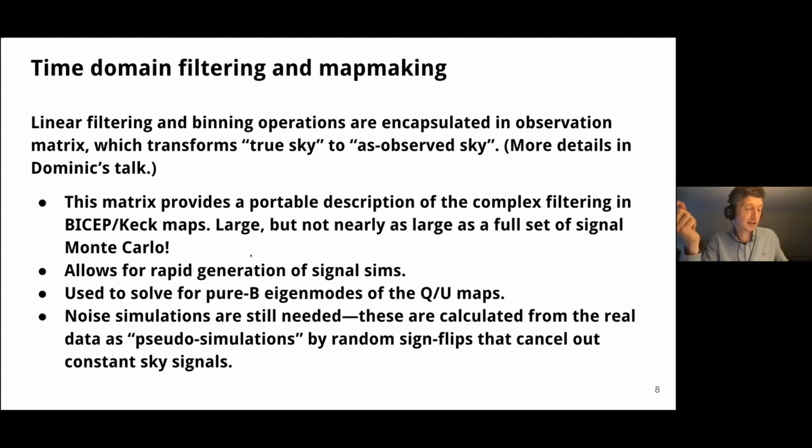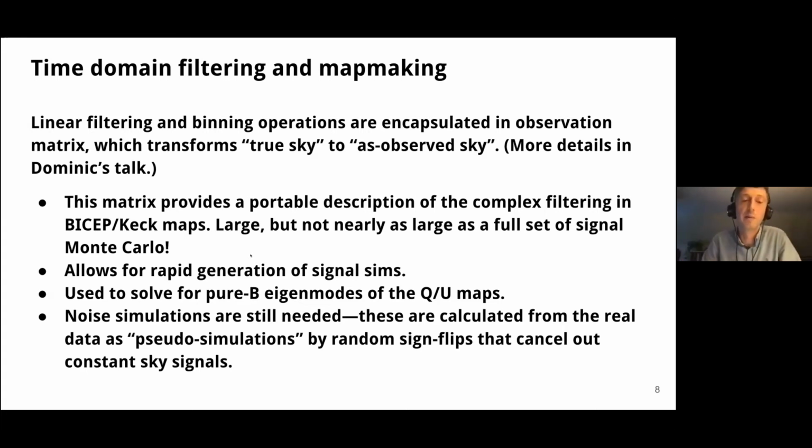I just jotted down the data volumes. If people were actually interested in the time ordered data, the raw time ordered data from Keck is something like 93 terabytes. For BICEP 3, it's like 65 terabytes, but still counting, though that includes lots of things like calibration data.